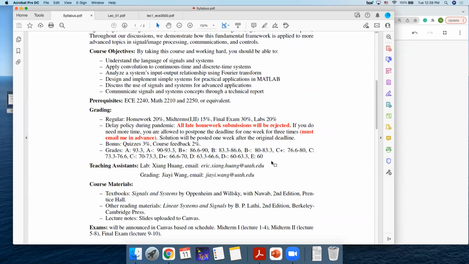We will talk about the lab in detail right next. Xiang will be responsible for teaching the lab sessions and also grading the lab reports and lab assignments. The homeworks will be graded by Jia. And the exams will be graded by me. So I will take care of the exams.